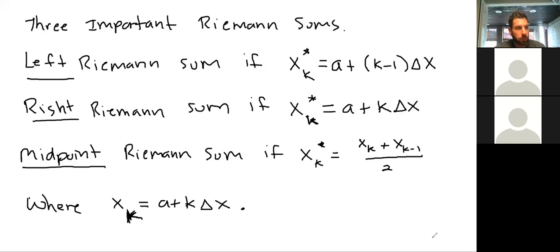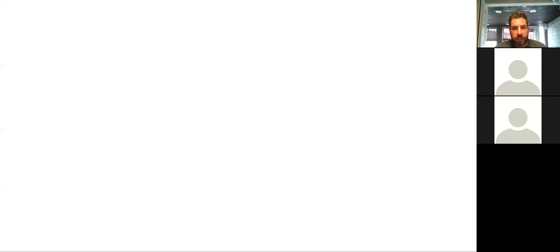So the standard example you need to have in your head at all times is this. This will make your life easier going forward, not just this semester, but Calc 2. So let's go to f of x equals x squared on 0, 1.